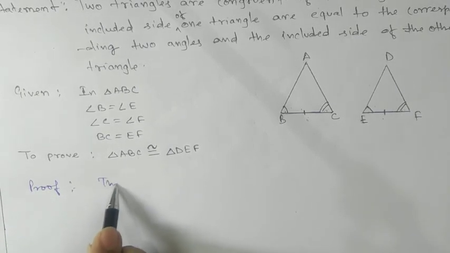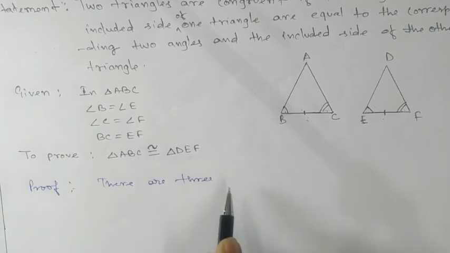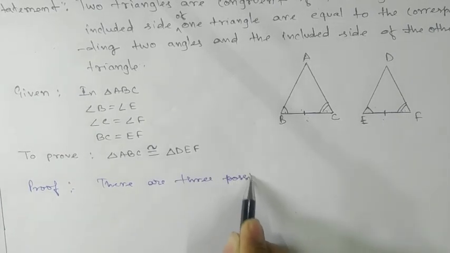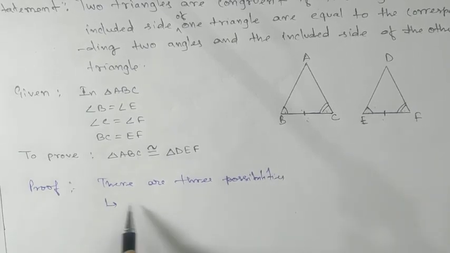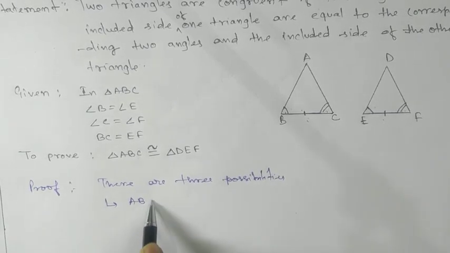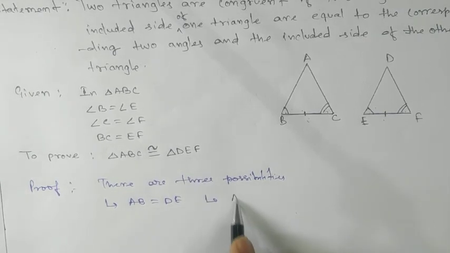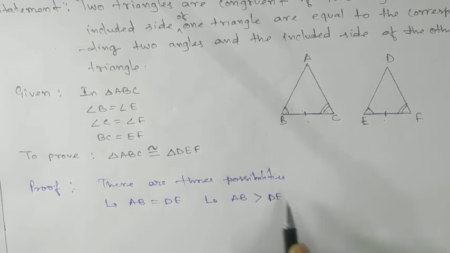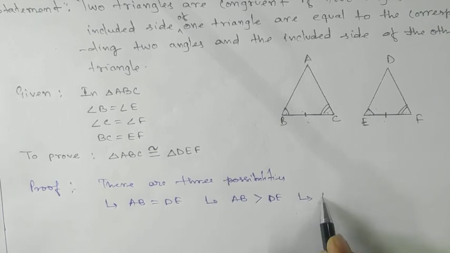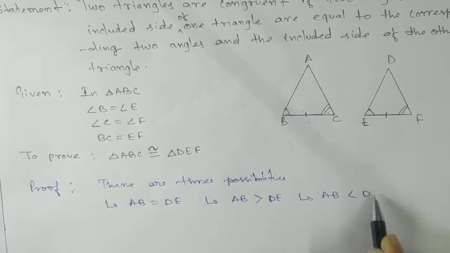There are three possibilities. The first one may be AB equals DE. The second one, AB must be greater than DE. And the third one, AB less than DE.